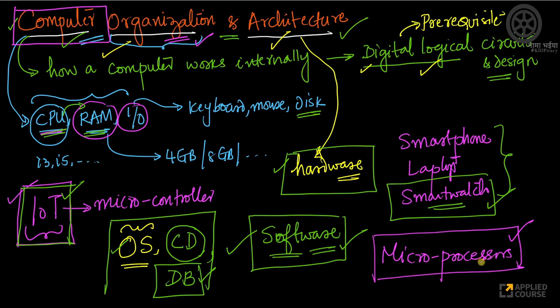Electronics engineers learn much more about microprocessors, but even computer science and IT engineers learn about them. So if you want to understand the internals of microprocessors or microcontrollers, computer organization is super important to get a grasp of, right?